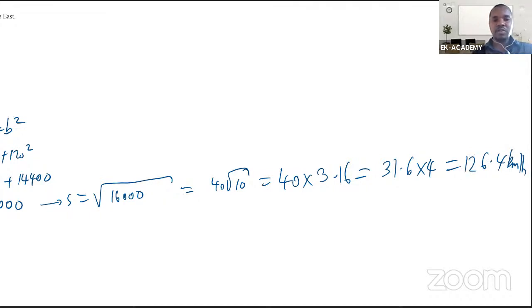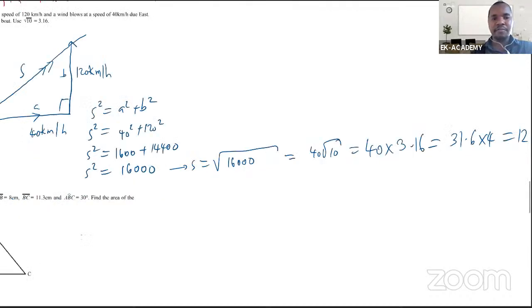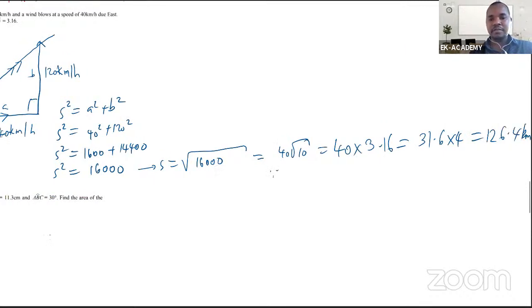So how do we conclude? We can say that therefore the actual speed of the boat is 126.4 kilometers per hour.